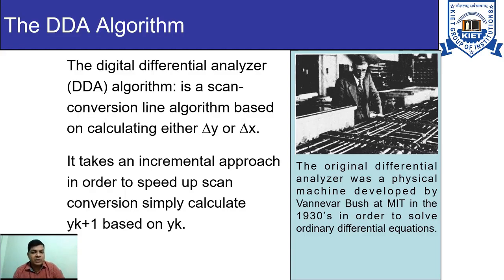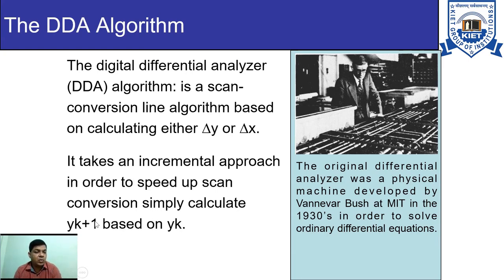The name of the algorithm is based on a machine, which you can see in the diagram, and this machine is used to solve ordinary differential equations. So the algorithm takes an incremental approach in order to speed up scan conversion.